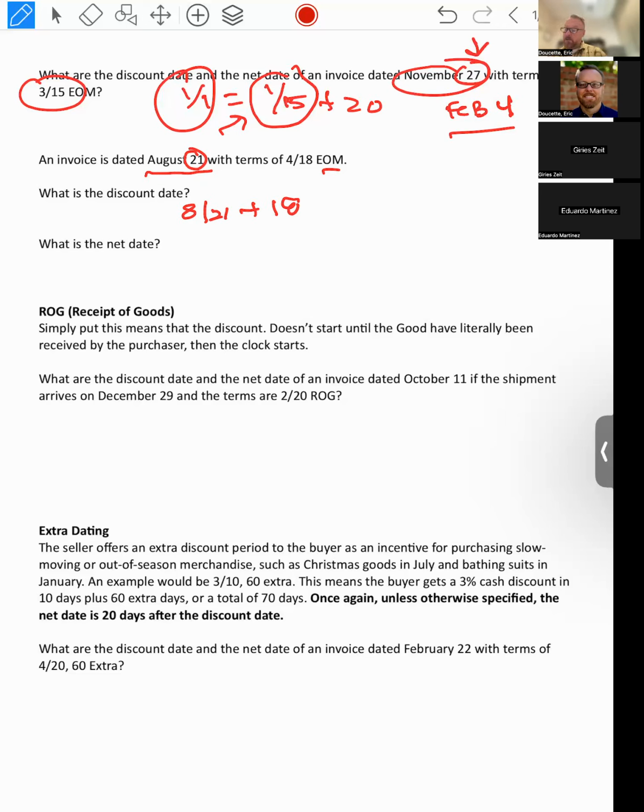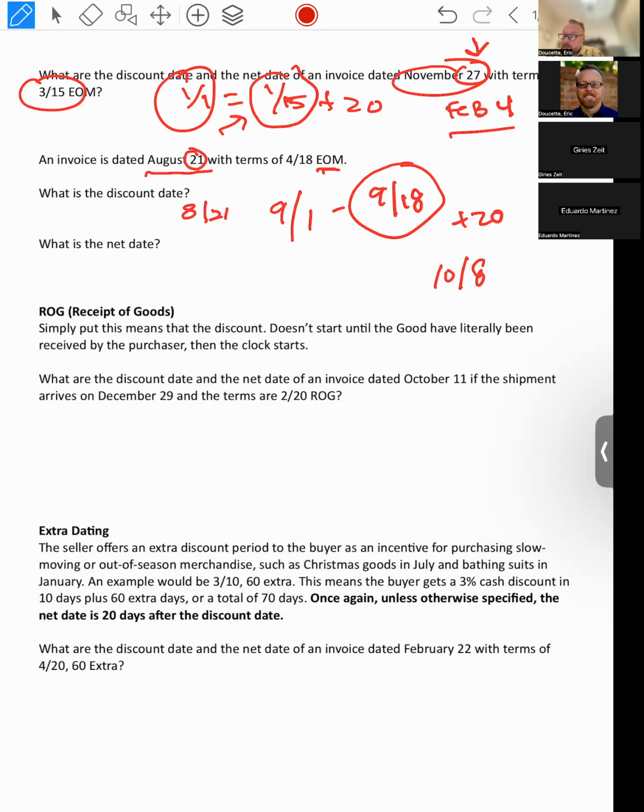Sorry, my bad, I jumped ahead. 8/21 means that the terms start on 9/1. And that's 18 days, so 9/18 is the discount date. And then from 9/18 plus 20, that gives us 10/8 as the actual date that the invoice is due.